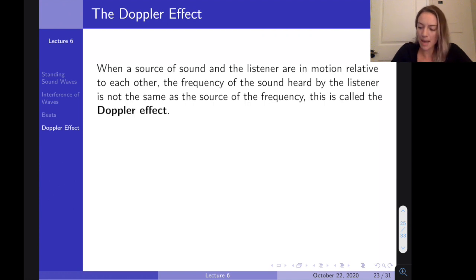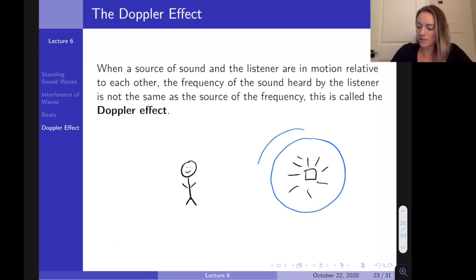The reason that this happens is, let's say you're here and there's a car, some kind of siren, emitting sound waves like this, equally spaced.